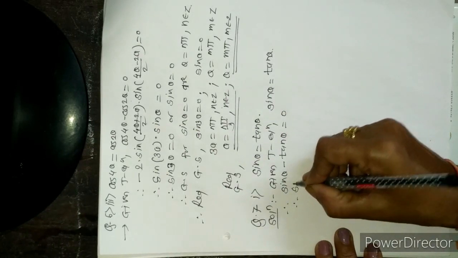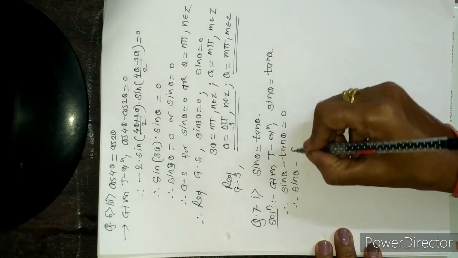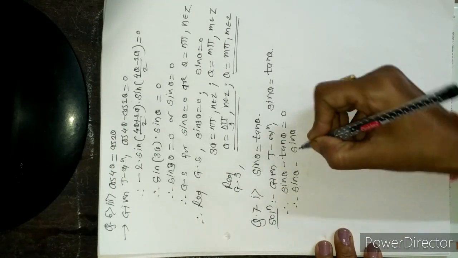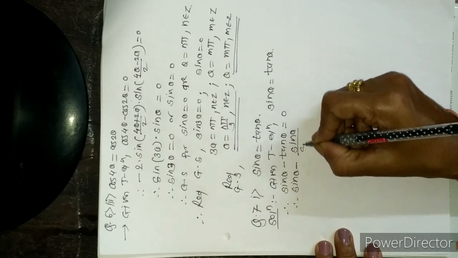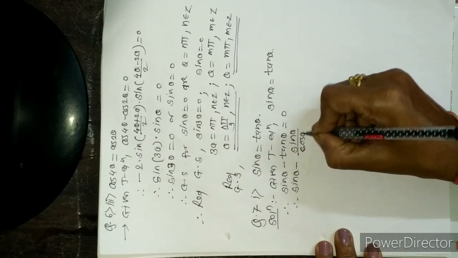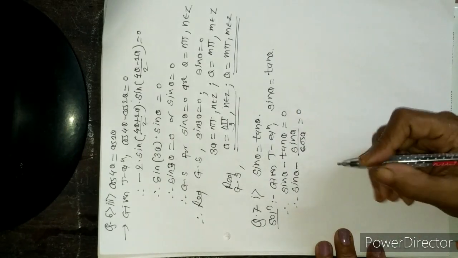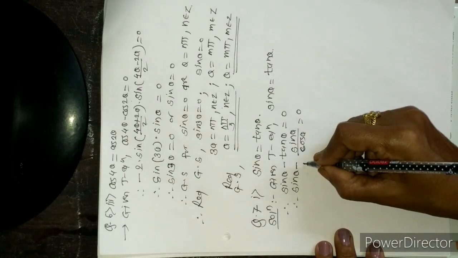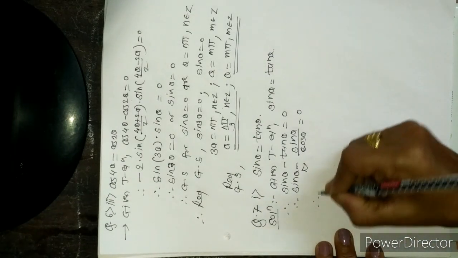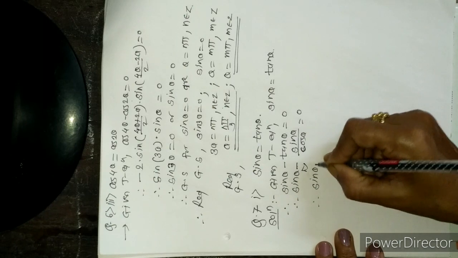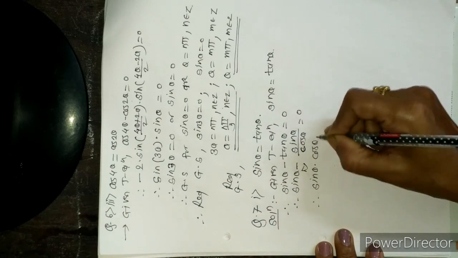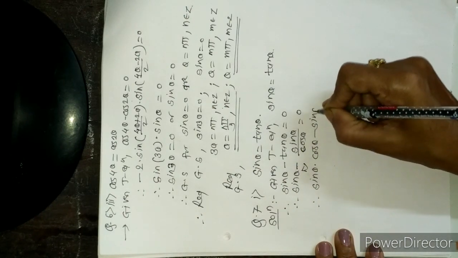So what does this imply? Sin theta minus, using the proper definition of tan theta, sin theta upon cos theta, is equal to 0. Take cross multiplication by cos theta: sin theta into cos theta minus sin theta.